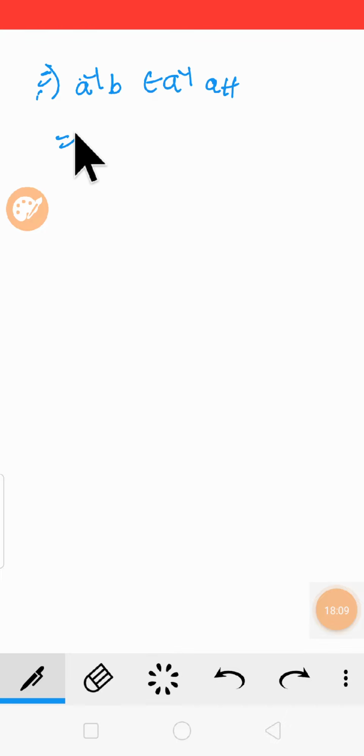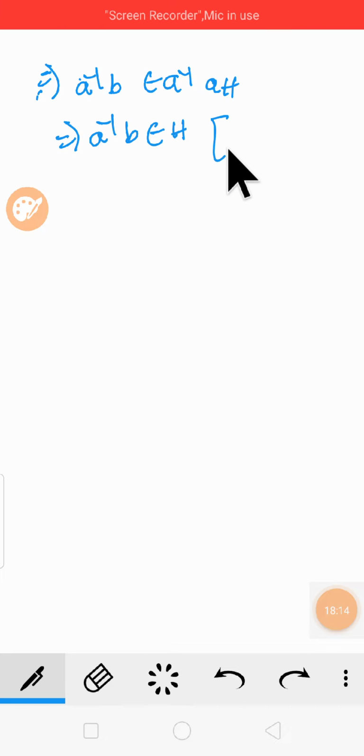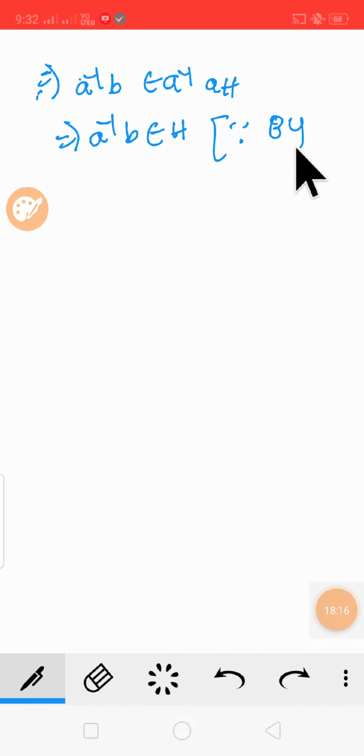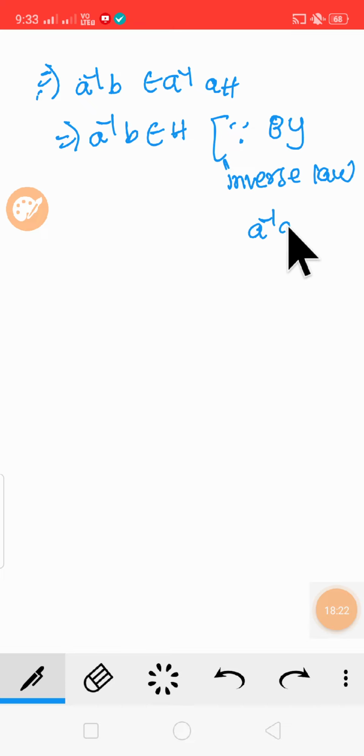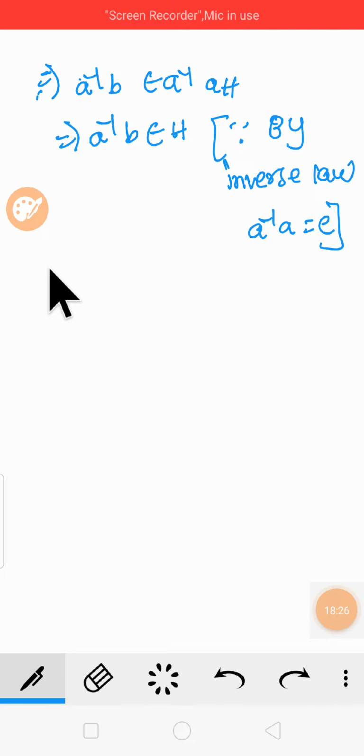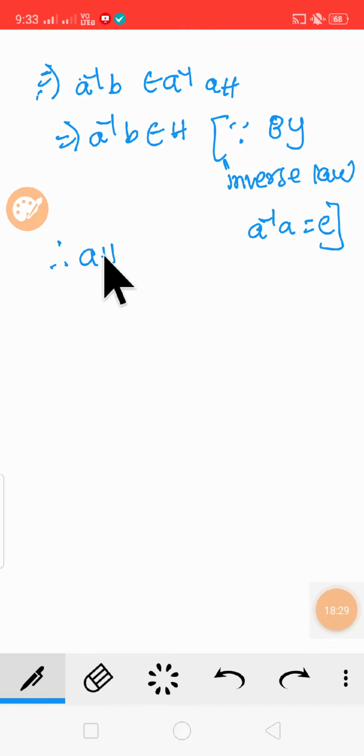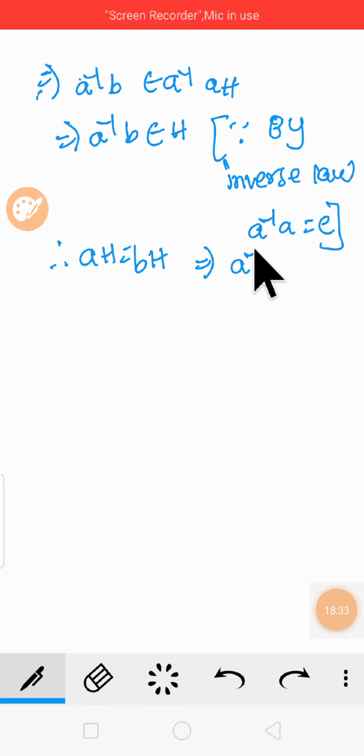Here we have a inverse b belongs to H, since by the inverse law a inverse a equals e. Therefore, aH equals bH implies a inverse b belongs to H.